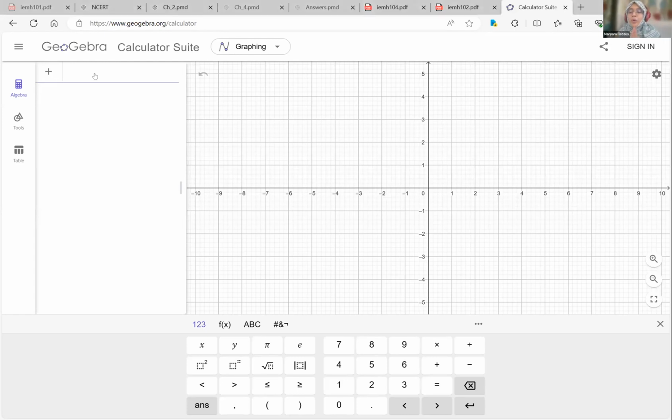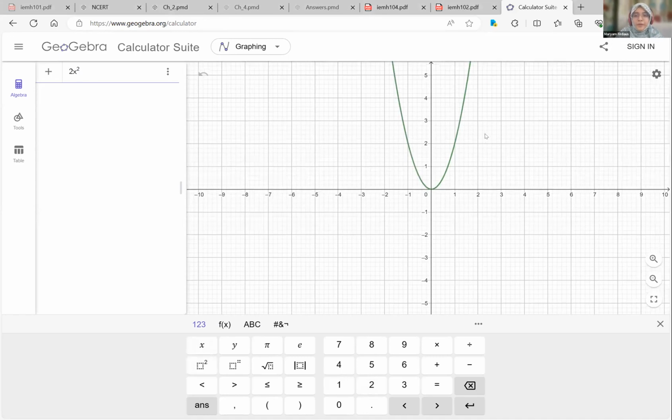So can you name a quadratic polynomial? Anyone? Name a quadratic polynomial. 2x square. 2x square. Okay, fine. 2x squared. That's a parabola. Okay.